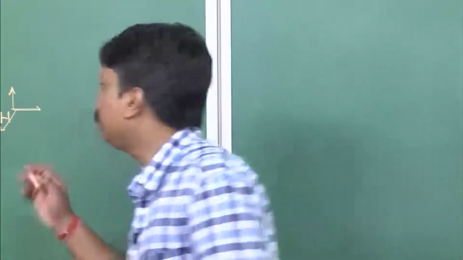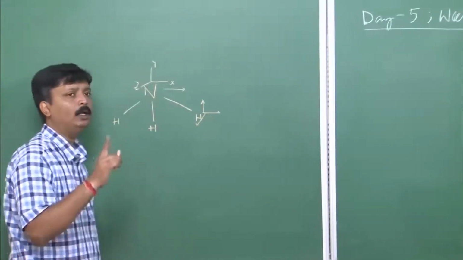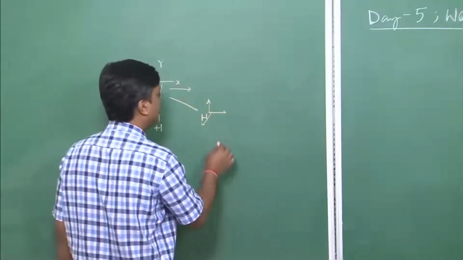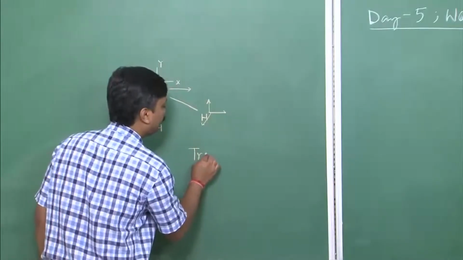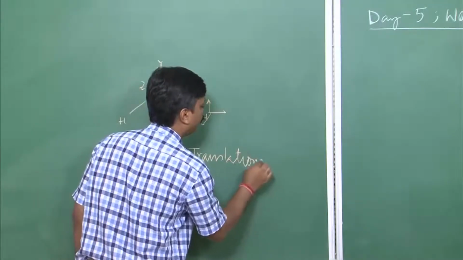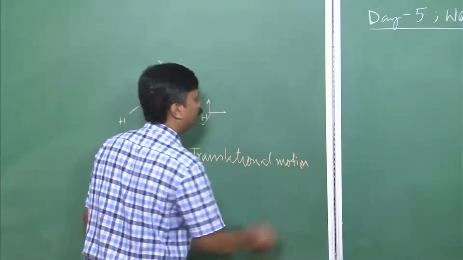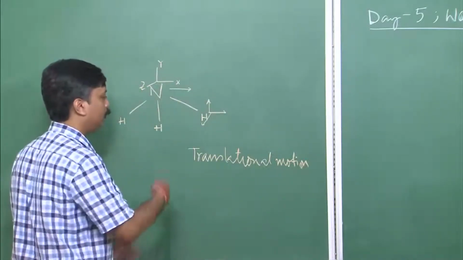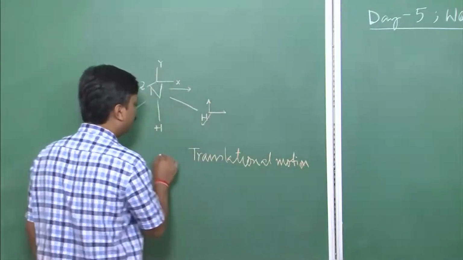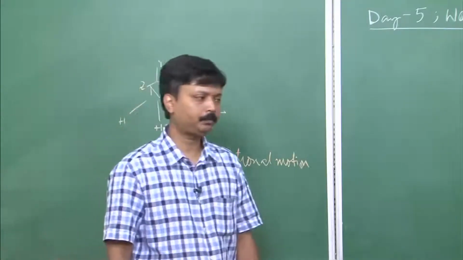So each of these directional motions will give me one translational degree of freedom. So in x, y and z directions I get translational motion, and these three individual directions of motion give a total of 3 translational degrees of freedom.